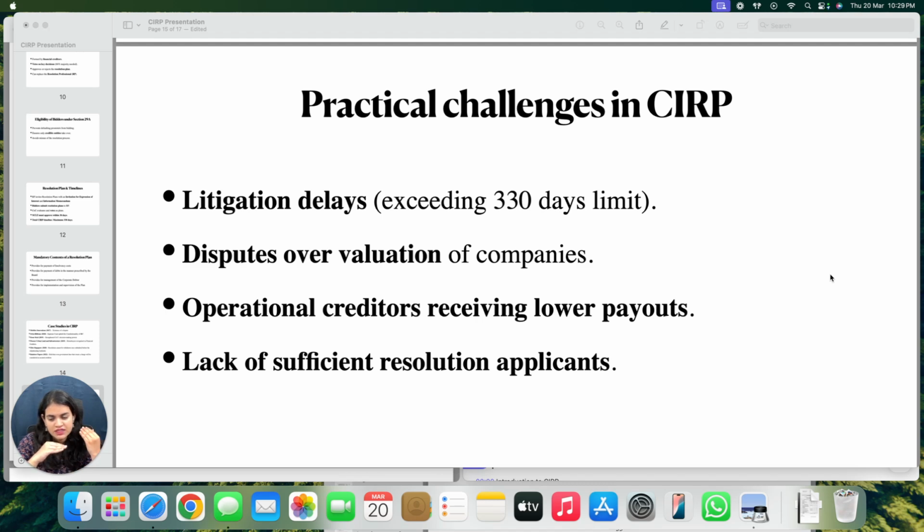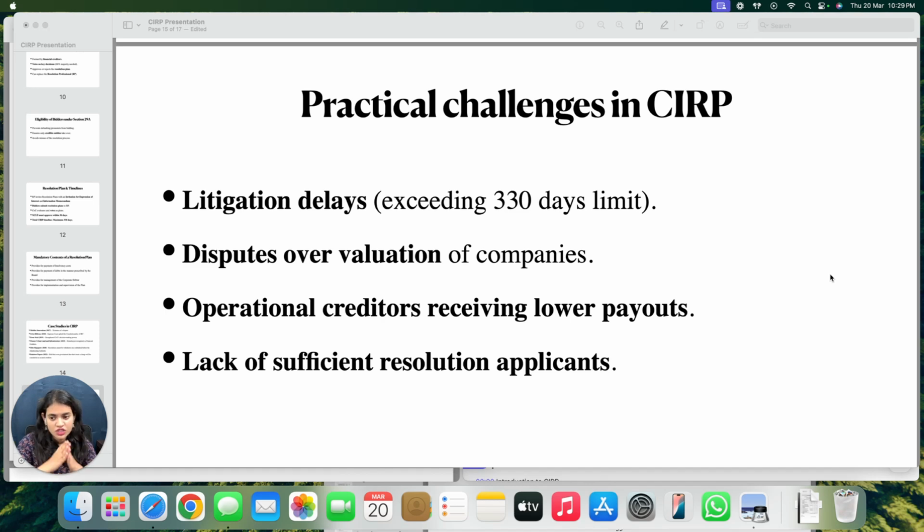And the NCLT regularly continues giving the extensions due to whatever reasons. Disputes over valuation of companies. So, in the first place, there are two registered valuers appointed to avoid the possibility of huge disparities in value. So normally the valuation given by both the registered valuers, the average of it is taken as the valuation of the company.